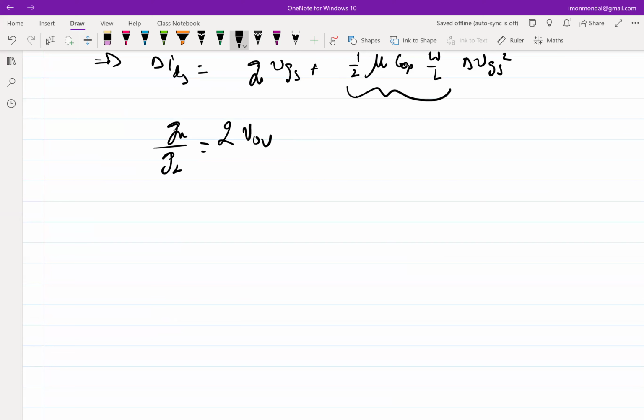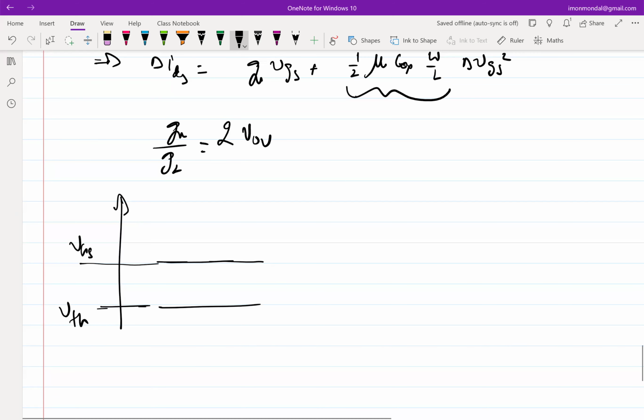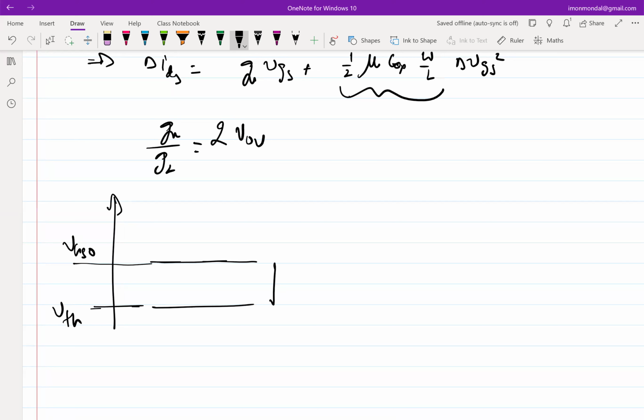The root cause of distortion is that you have some bias. So let's say this is your threshold voltage, and you have biased at some VGS naught. So this is your overdrive. And when you apply a sinusoid on top of this, you are eating into that overdrive.